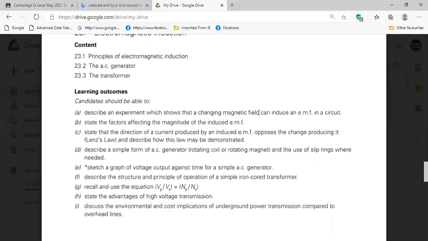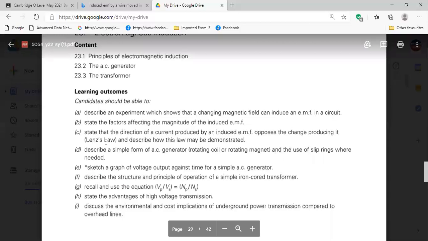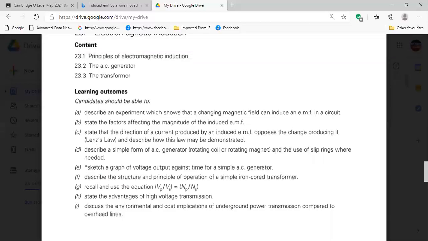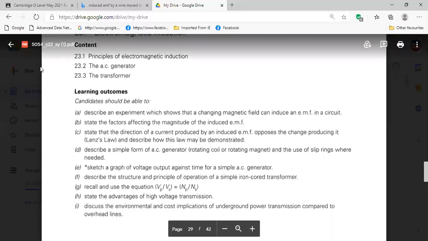Now we are going to do learning outcome C, that is Lenz's law. You see here the spelling, Lenz's law. You write this heading, Lenz's law. Okay. Yes, sir.